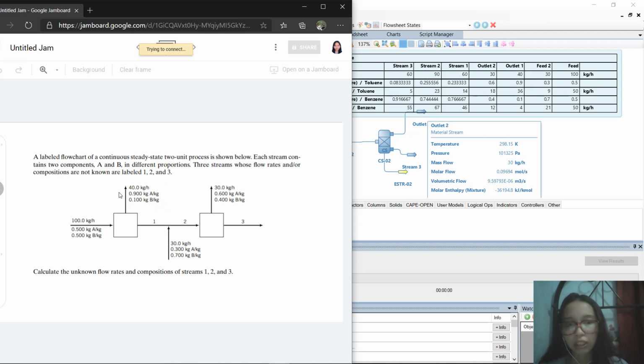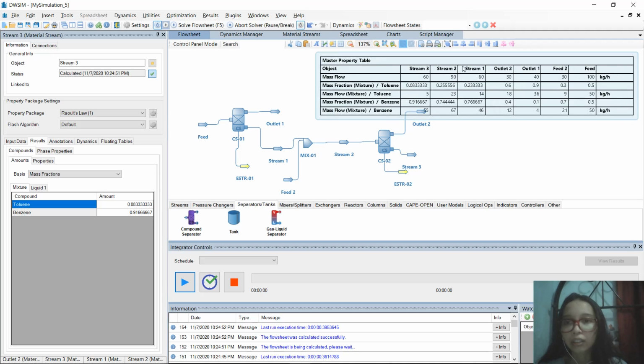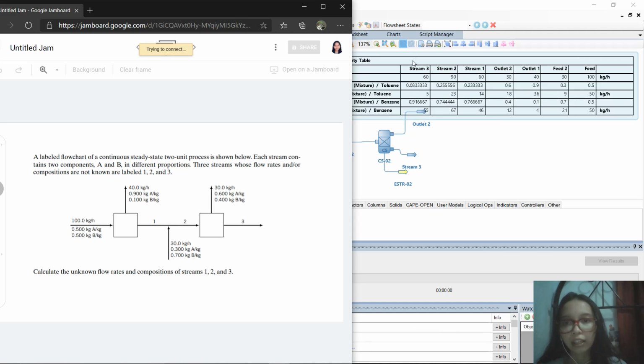Outlet 1, which is here, is 40 kg per hour. And outlet 2, which is here, is 30 kg per hour. So we have inputted all of the right amounts. So we have here stream 1, stream 2, and stream 3 as our ask, and we have it here.